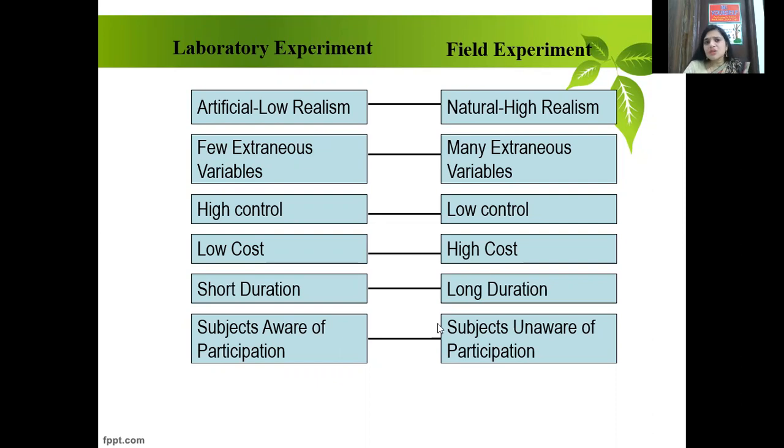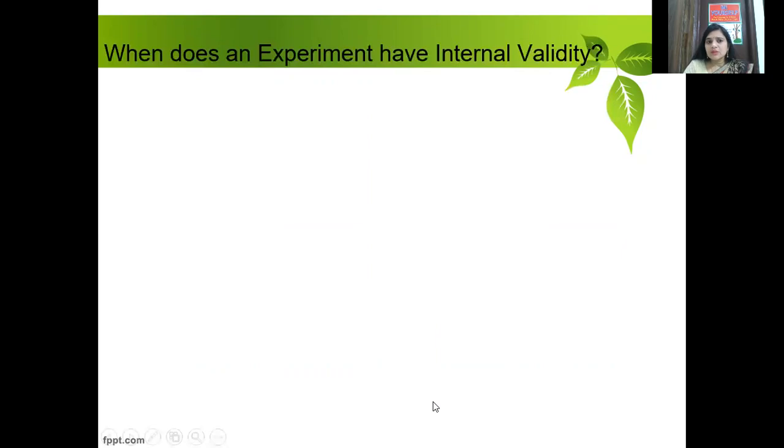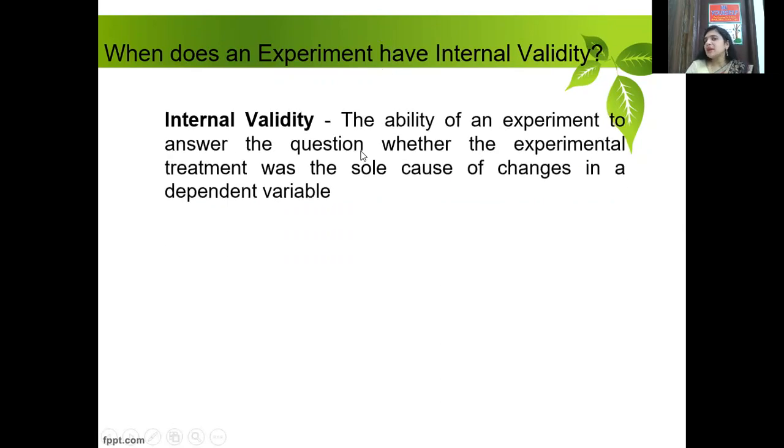Sometimes this classification comes in the exam. When does an experiment have internal validity? First of all, what do you mean by internal validity? The ability of an experiment to answer the question whether the experimental treatment was the sole cause of changes in a dependent variable.